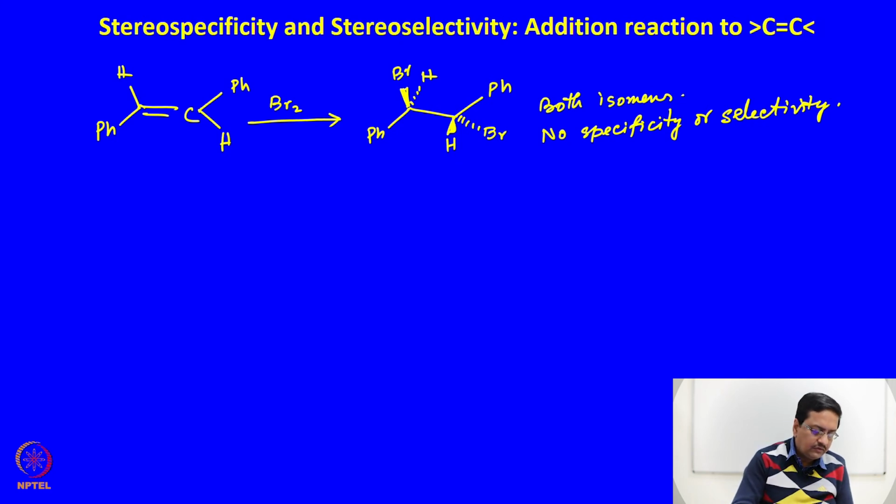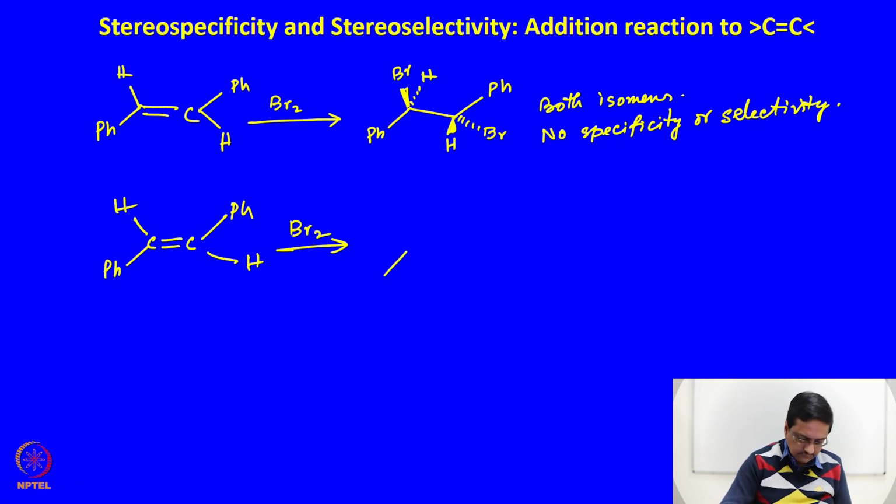What we know is that the reaction proceeds through the formation of a bromonium ion, which would look like this.